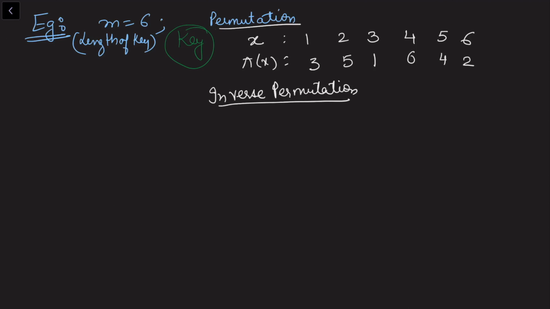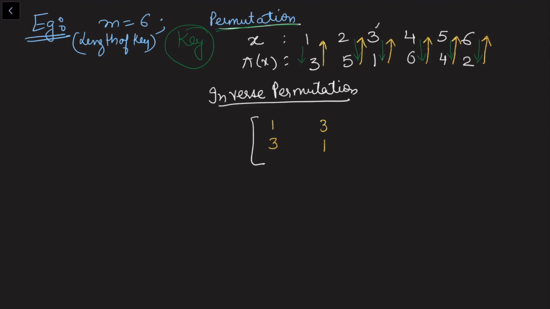Now in this permutation, the mapping is 1 goes to 3, 3 goes to 1, 2 goes to 5, 5 goes to 4, 4 goes to 6, 6 goes to 2. And in the inverse case, let's consider the opposite way. So 1 goes to 3, 3 goes to 1, 2 goes to 6, 6 goes to 4, 4 goes to 5, 5 goes to 2.